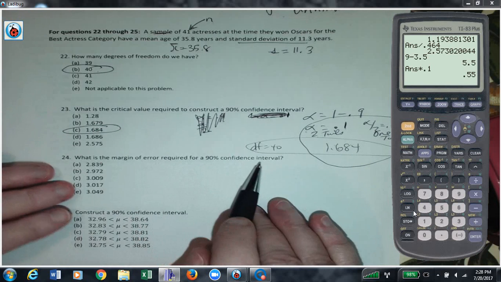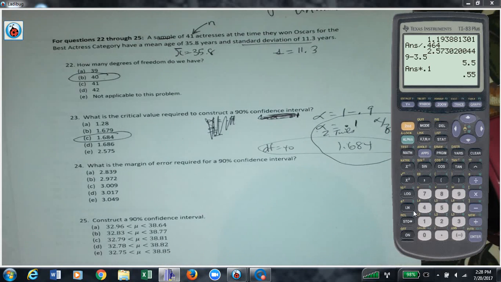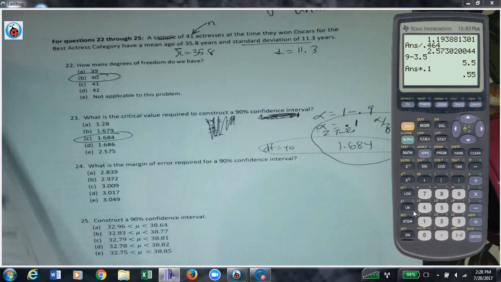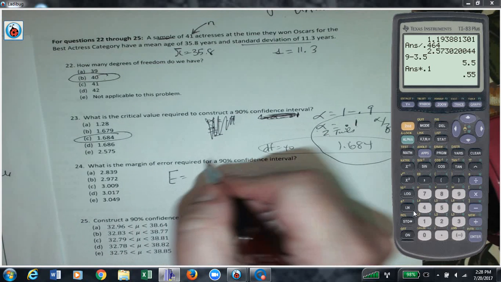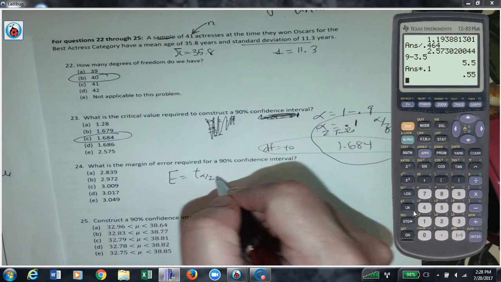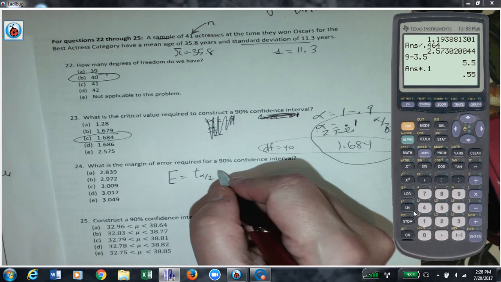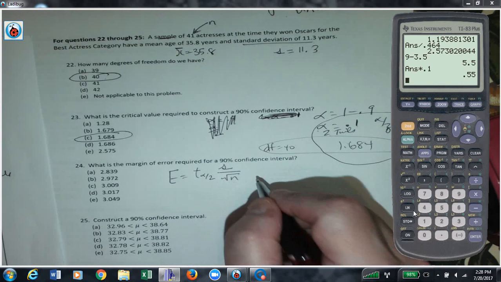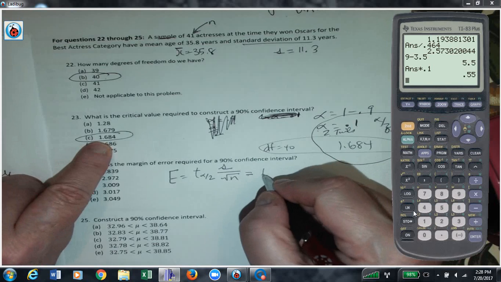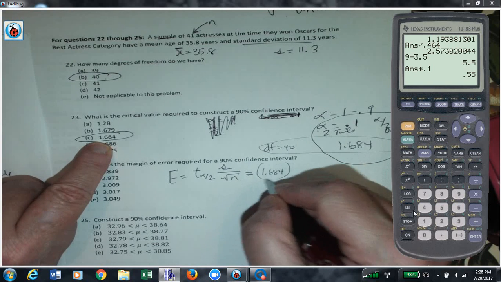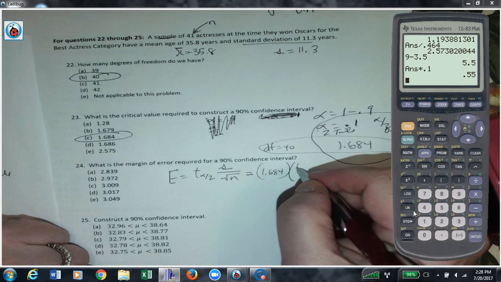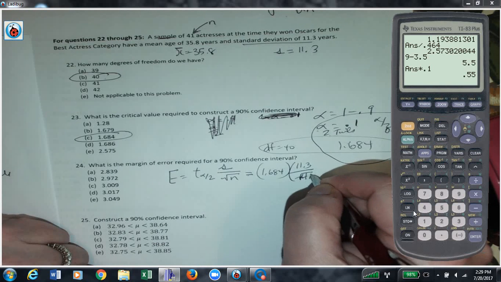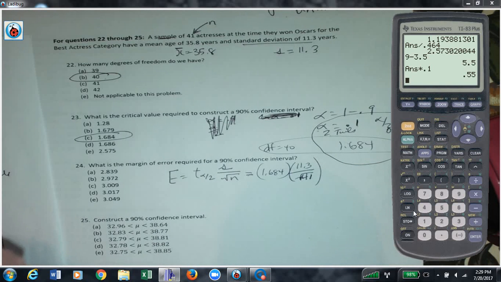What is the margin of error required for a 90% confidence interval? Well, I can get that straight from here. The margin of error is my critical value that I just got in number 23 times my sample standard deviation all over the square root of n. So it's 1.684 times S, which is 11.3, all over the square root of n. 41, not 40. 40 is DF.